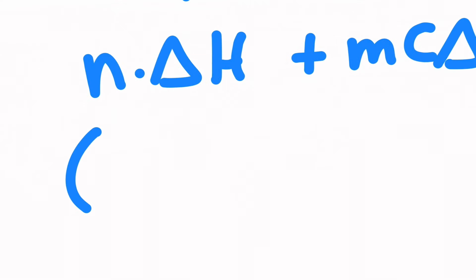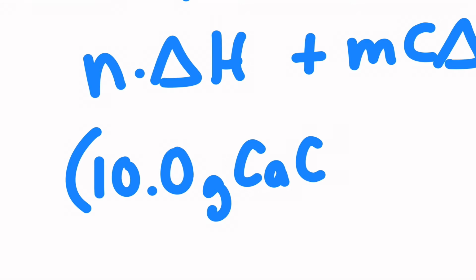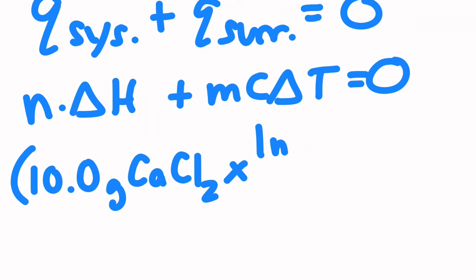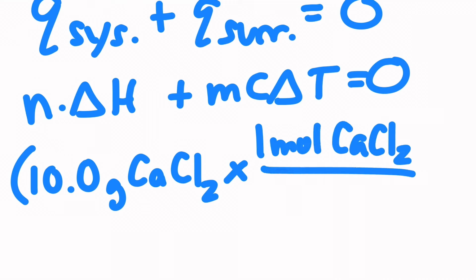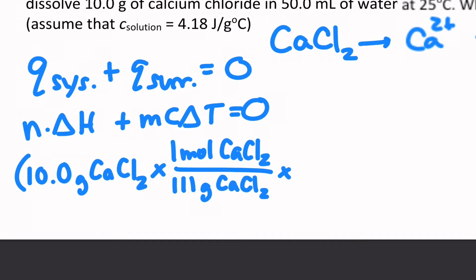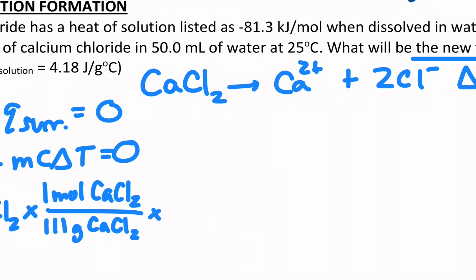So I have 10 grams of calcium chloride. Obviously I'm going to first turn that into moles. There's 1 mole of calcium chloride per 111 grams calcium chloride. And then before I could use the delta H value, I have to look at this reaction.